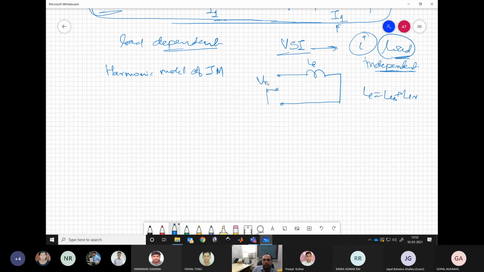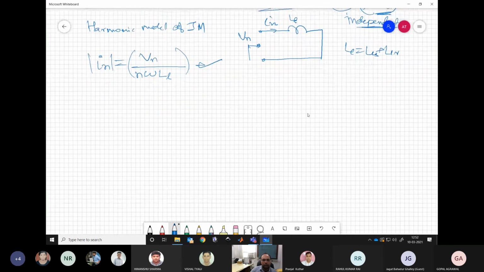This is where we are feeding our Vn, the harmonic voltage, and In is generated like that. So the magnitude of In is basically Vn by n omega LL. We have seen how it comes out, and this is what we are going to use.